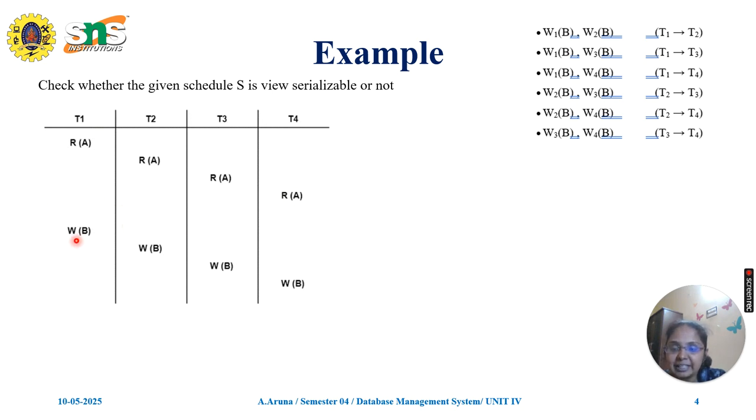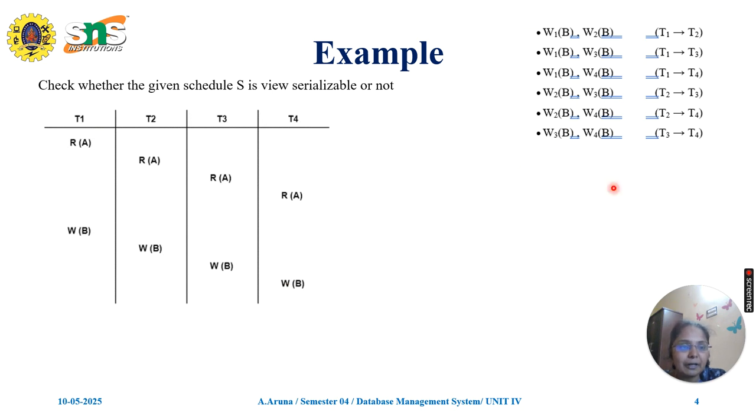Next I check the W of B. Here a dependency definitely occurs: between T1 and T2, T1 and T3, T1 and T4. Similarly with T2, the dependency goes from T2 to T3 and T2 to T4, and then T3 to T4.